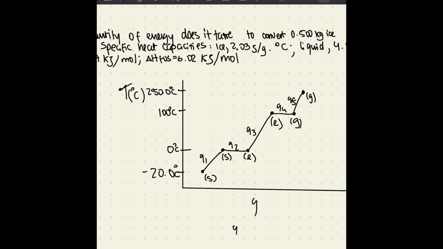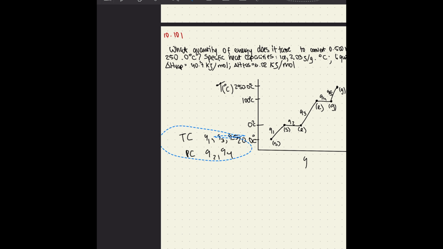In order to know that, in this graph, Q1, Q3, and Q5 are temperature change, and the phase changes are gonna be Q2 and Q4. That is important to know because they have different equations, okay?